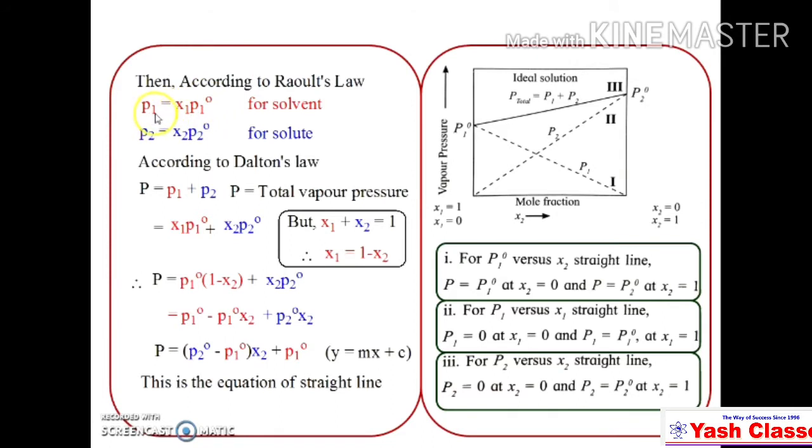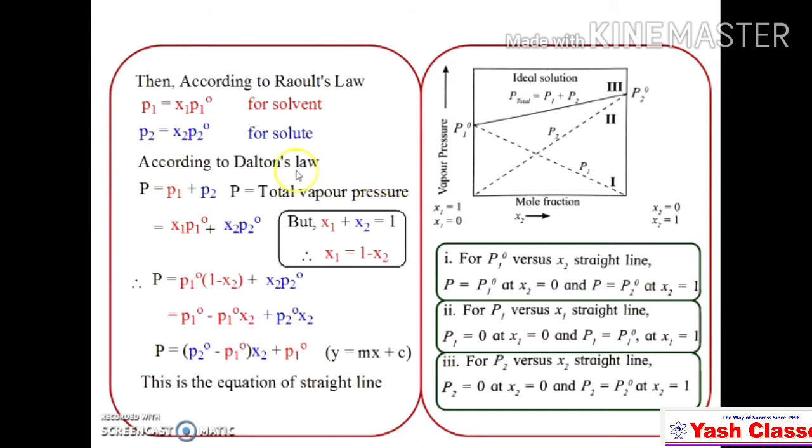So according to Raoult's law, the partial pressure of any component is the product of the vapor pressure of that component in the pure state multiplied by the mole fraction of that component in solution. So this is for the solvent. Similarly, for the volatile solute, according to Raoult's law, P2 is equal to x2 into P20.